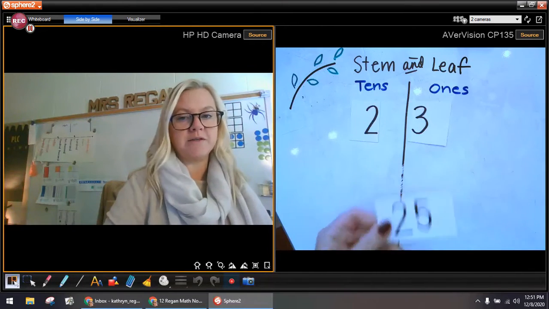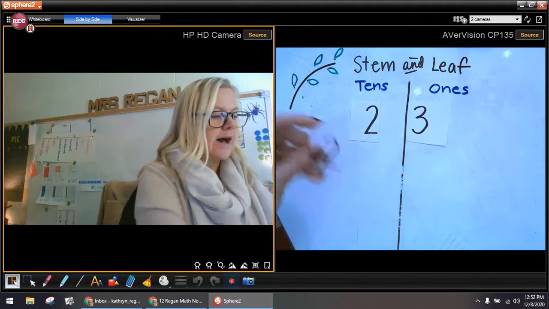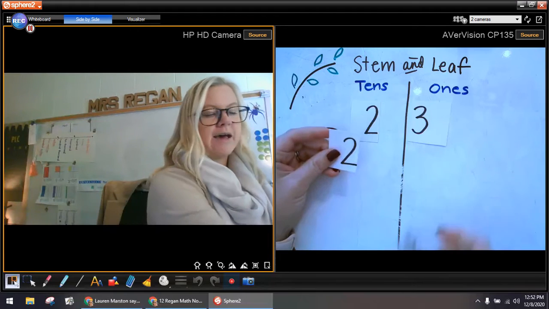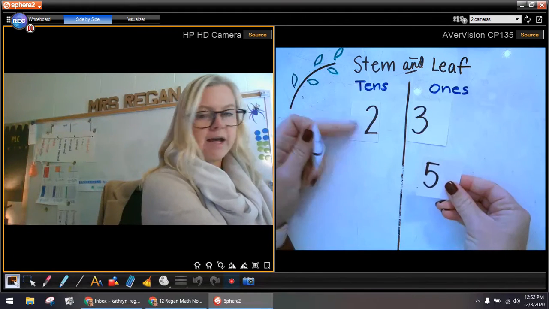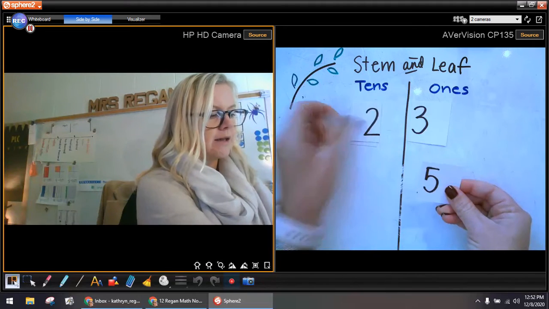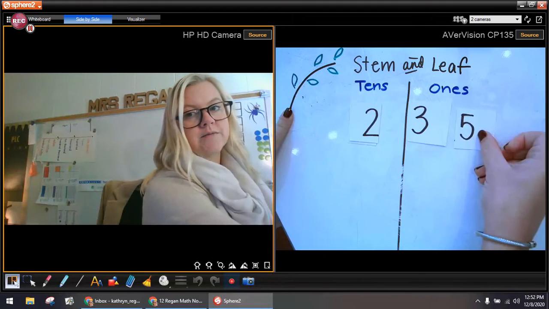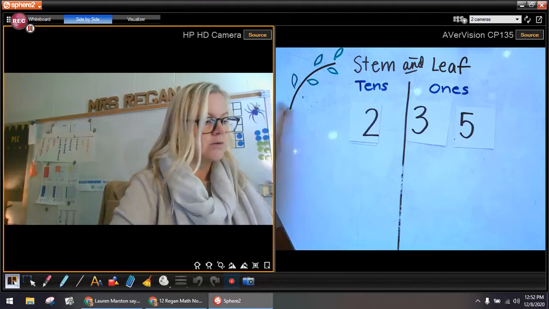My next number is a 25. Okay, if you split it into your tens and ones, I have a 2 in the tens place and a 5 in the ones. Now I already have a 2 on this stem here, so I don't need to make it again. It's the same tree branch. I'm just adding a new one to it. Okay, so it's the same tens.